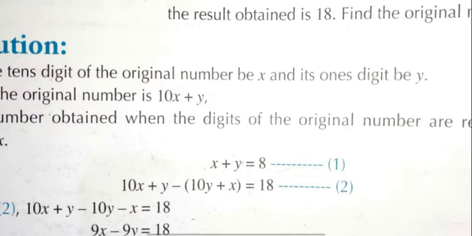Why is that? Let's see. 18 is composed of two digits, which is 1 and 8. Now, if I write 18 as just x plus y, that will be 1 plus 8, right? There will be 9, which is kind of different from what we want. So we want 18, right? But when we separate digits, become 1 and 8, and we plus them, it will not become 18. It will become 9.